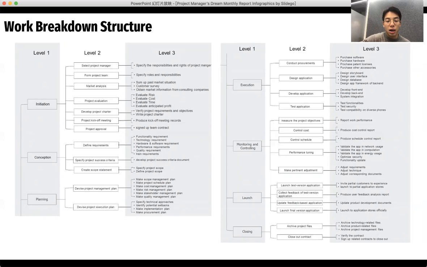The planning is like making cost, risk, stakeholder, and change management plans. Execution would engage lots of designers, software developers, and data engineers to do the execution part. And the whole process is included in the monitoring and controlling part. And the final step is the launching and closing.